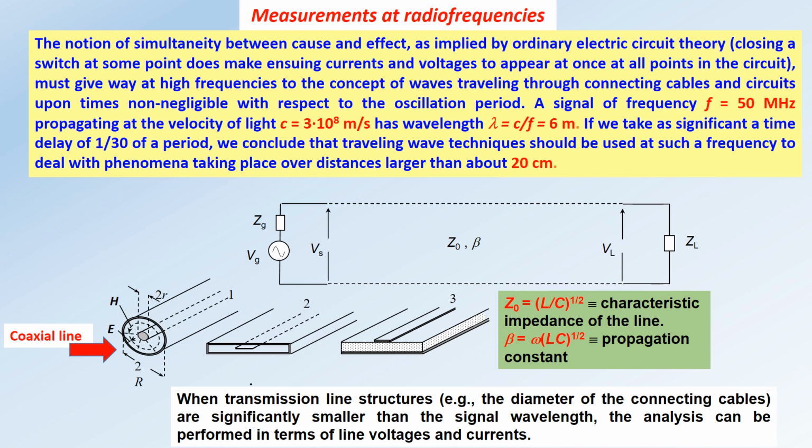In the green box, the characteristic impedance of the line is expressed as a function of inductance L and capacity C, and the propagation constant is also a function of the angular frequency omega. When transmission line structures, for example the diameter of the connected cable, are significantly smaller than the signal wavelength, the analysis can be performed in terms of line voltages and currents.